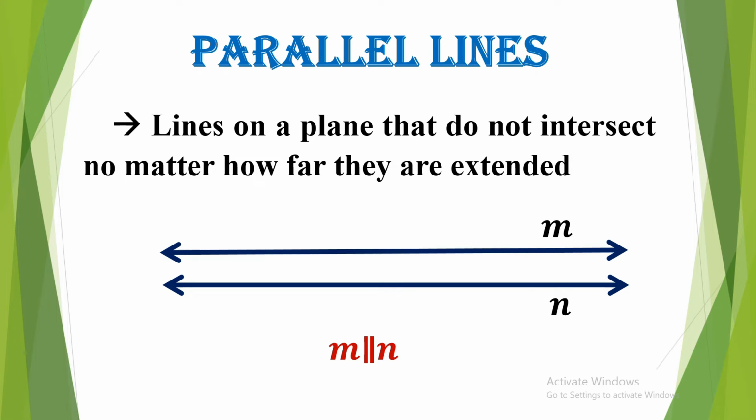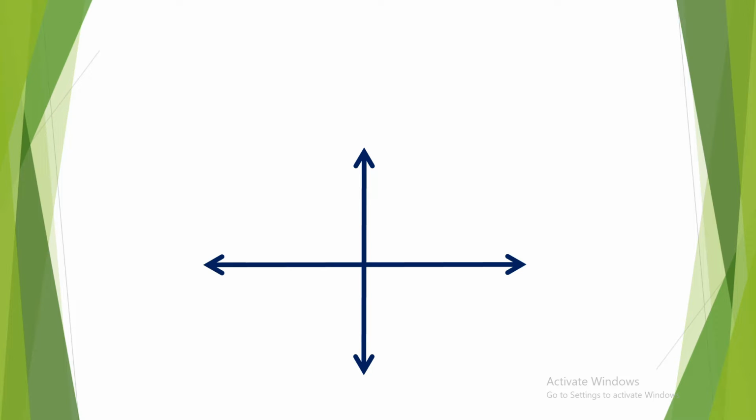Now let's have the third relationship among lines. We have here a vertical line intersected by a horizontal line. And on one angle formed by those two intersecting lines is a sign that the angle formed is a right angle.